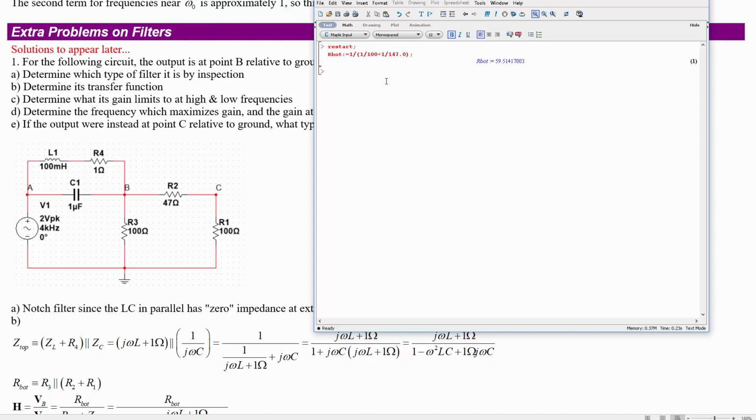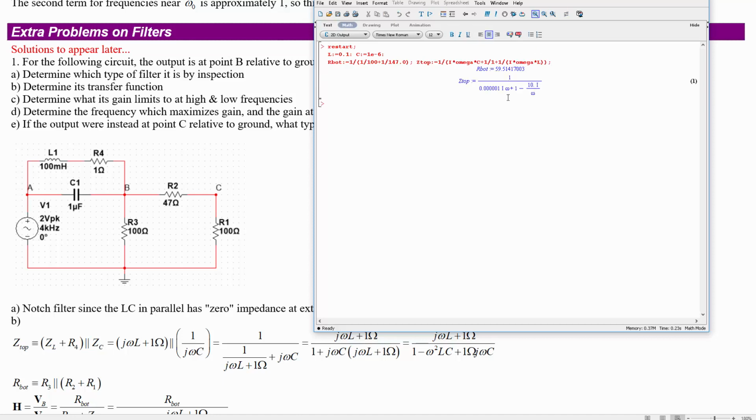And the Z top is going to be based on those different impedances. So L is equal to 0.1, C is equal to 1e-6, and then we're going to say that we've got Z top is equal to 1 over I, not J, I is our imaginary number in Maple, times omega times C plus 1 over 1 for the R4 plus 1 over I times omega times L. Okay.